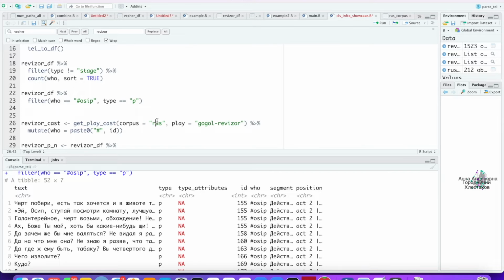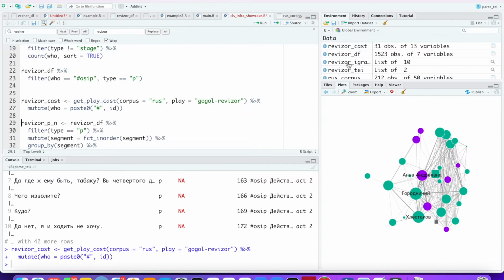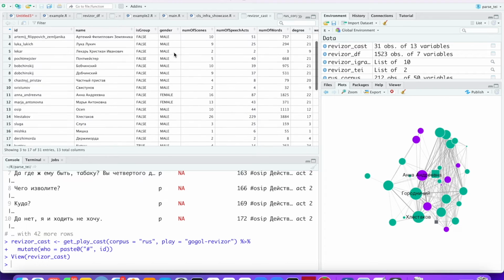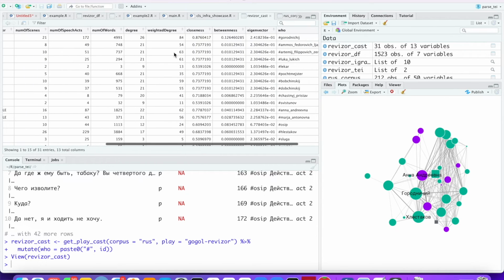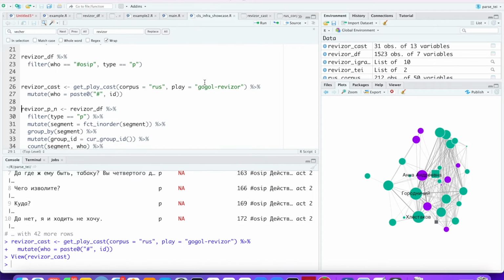And also I can join information about the play cast to do some additional, more complicated analysis. So using getPlayCast, I can find here not only the ID, but for every ID of the character, his or her name, gender, whether it is a group, and even network metrics that were pre-calculated.